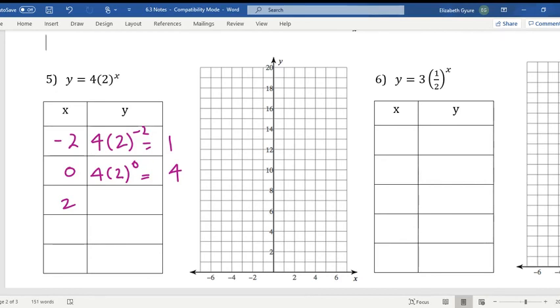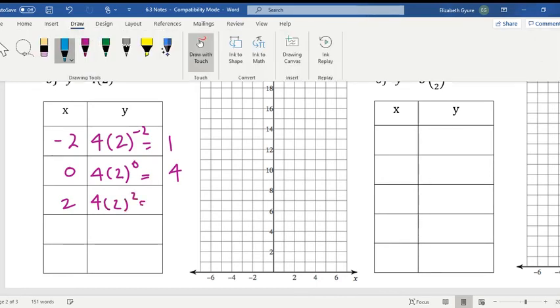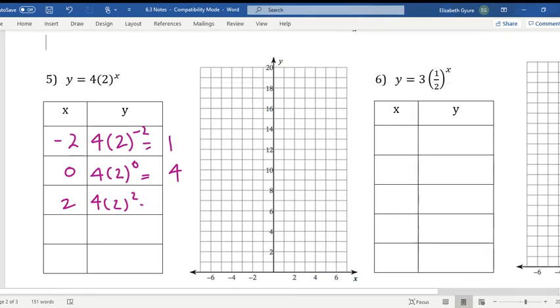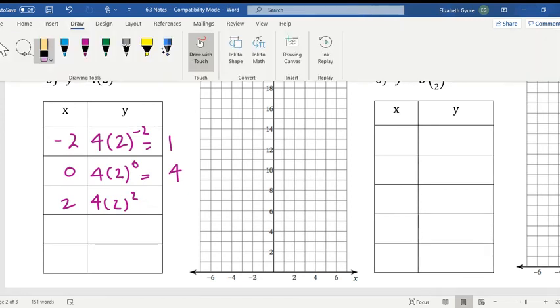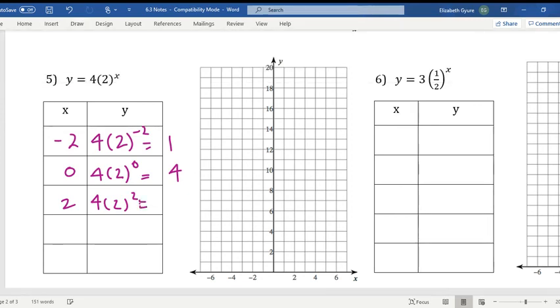And then plug in 2. So 4 times 2 squared. Okay, so do your 2 squared. So 2 squared, you should get 4.